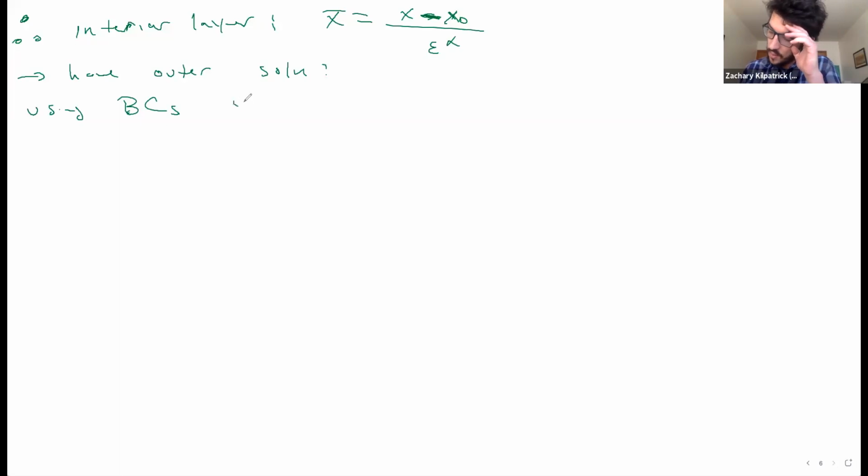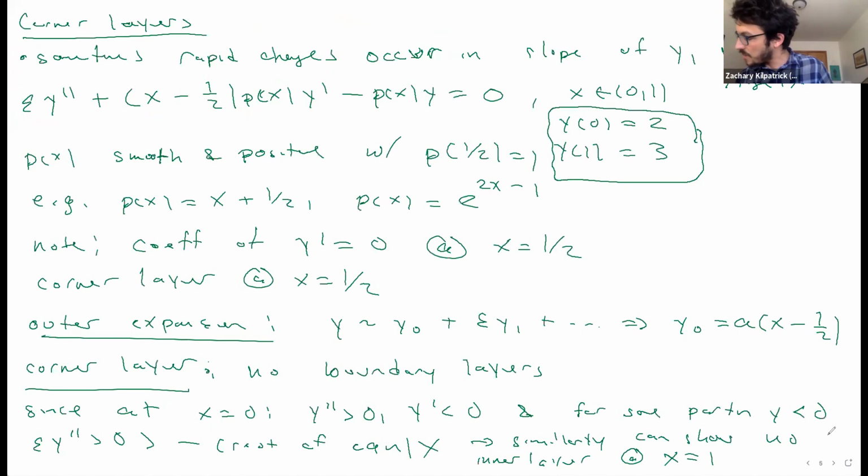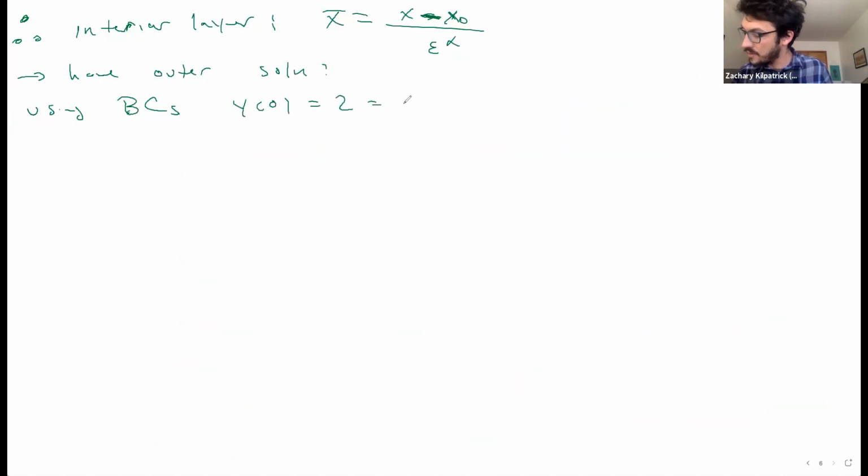So I know that y of 0 in this case is equal to 2, and my boundary condition, the value of my function at my boundary is going to be a times minus 1/2. So that means that a equals minus 4, okay, on 0 to x0, okay.